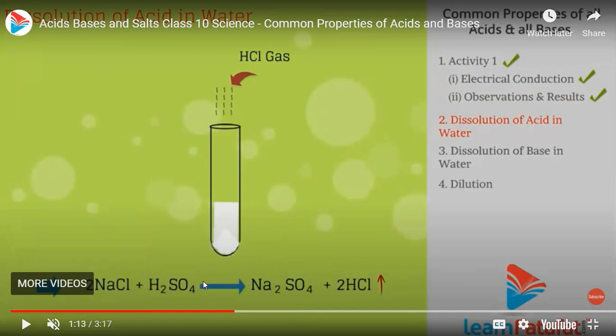is a type of double displacement reaction again. So it will lead to formation of Na2SO4 plus HCl. Now the HCl which is liberated over here will be in gaseous state. That is why you can see there is an upward arrow, and I have already explained in the previous classes that whenever the physical state is represented by an upward arrow, that means gas is released.